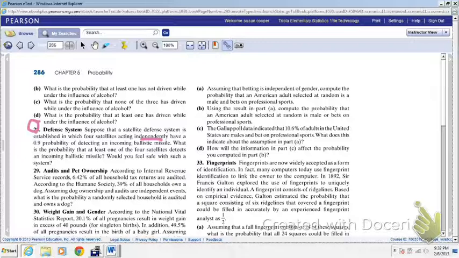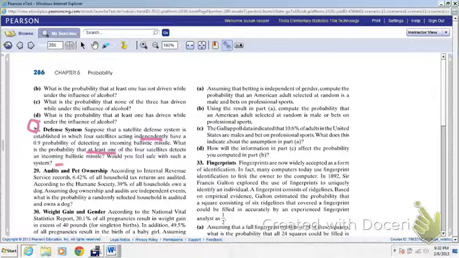We would hope it would be higher than that, but what is the probability that at least one of the 4 satellites detects an incoming ballistic missile? Would you feel safe with such a system?